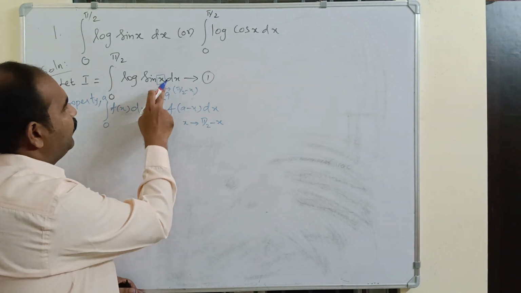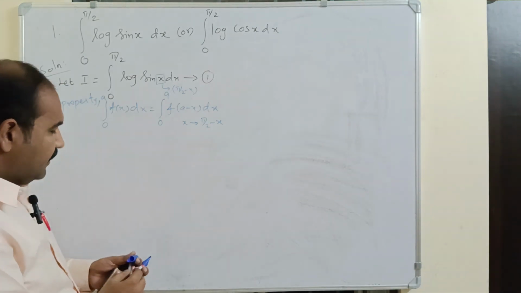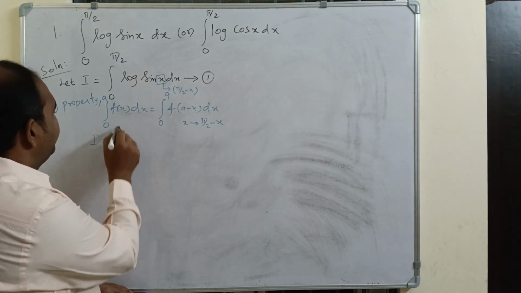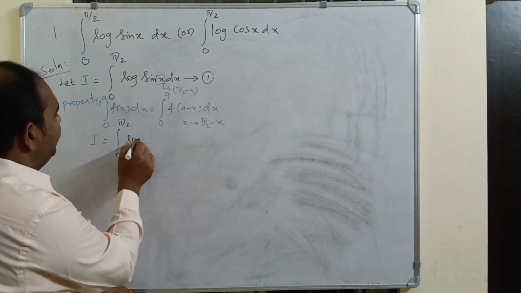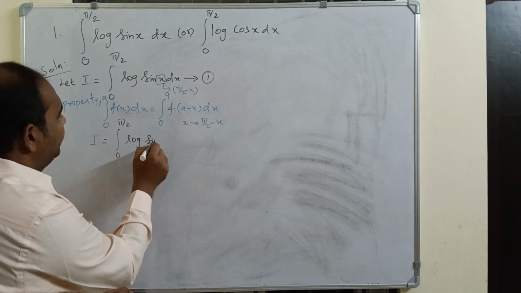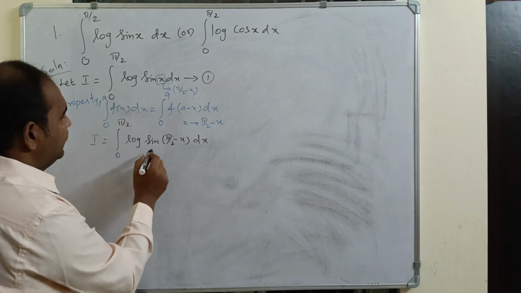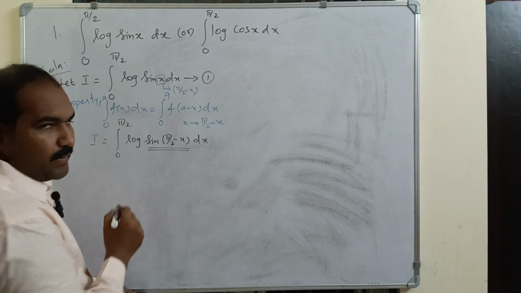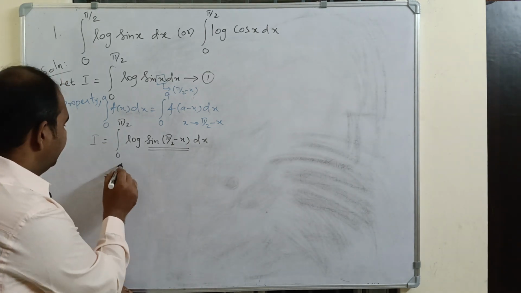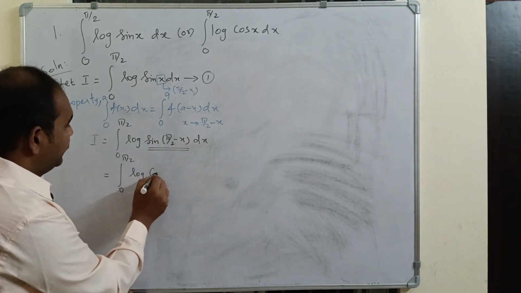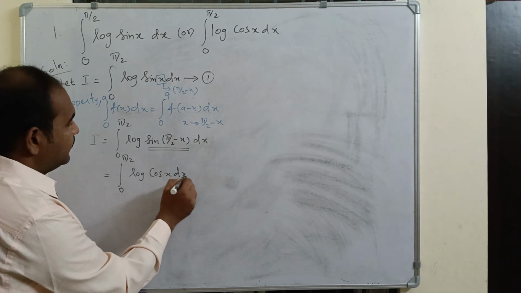So sine of pi by 2 minus x becomes cos x. So this integral I is equal to integral 0 to pi by 2 log of cos x dx.